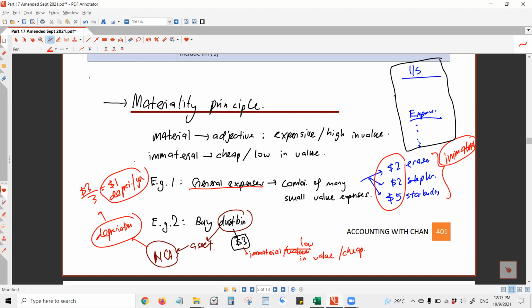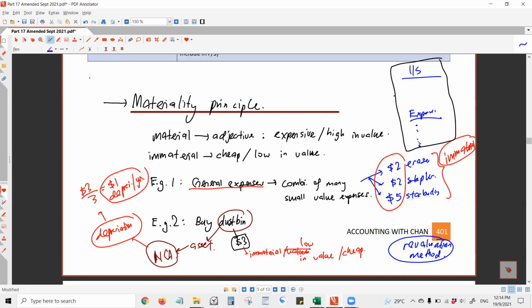Do you think it's worthwhile to show this $1 depreciation in the income statement? Once again, no. So for things that are cheap in value, if you remember, we have another depreciation method known as the revaluation method. Not sure if you remember. You have to refer to part 7 if you've forgotten. So one option would be to use the revaluation method.